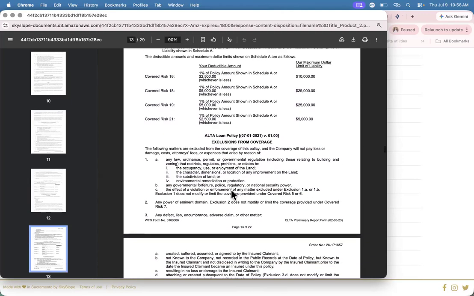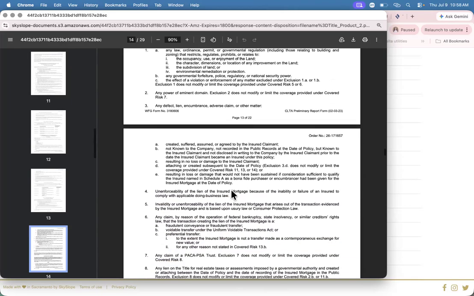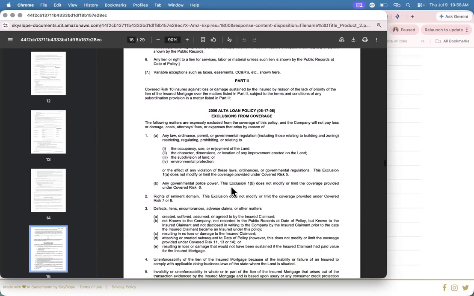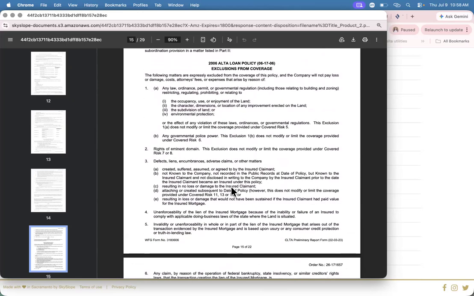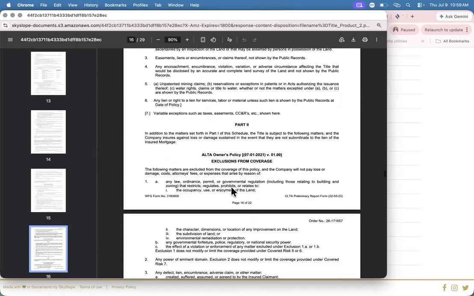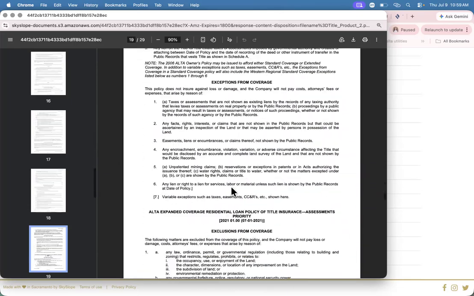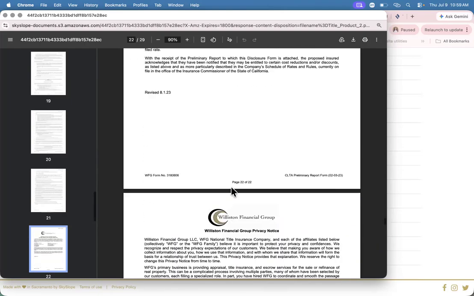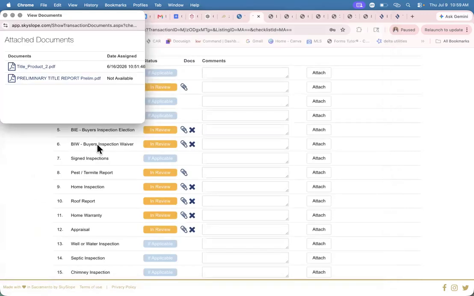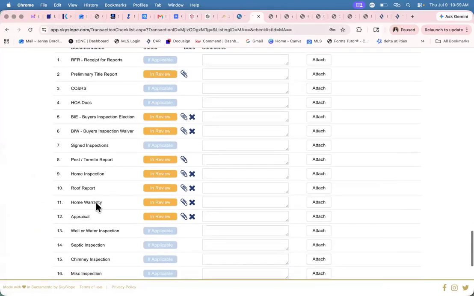But once you start reading, you will see if there are any clouds or any liens or anything on the property. I've honestly never come across one that had a lien or any clouds in my 10 years, but it'll happen, trust me. So that's what the preliminary report looks like.